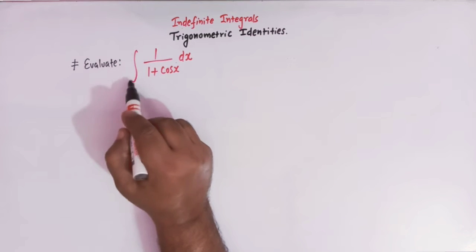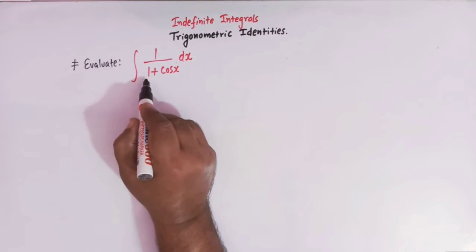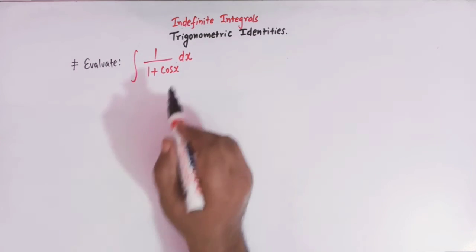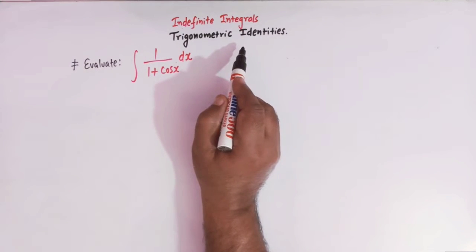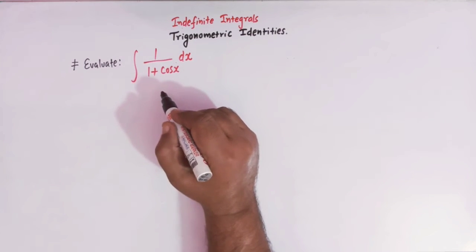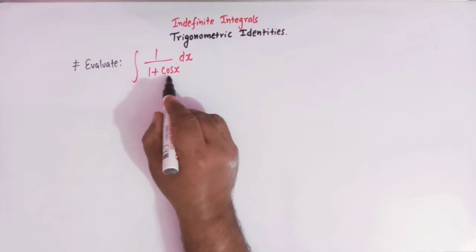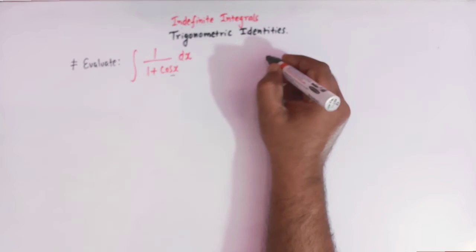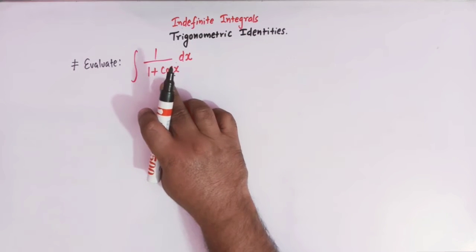Here we have to find the integral of 1 over 1 plus cos x, right? And again we'll make use of the trigonometric identity to solve this integral, right? And see, here we have cosine of x, right? And let us first see some trigonometry before solving this problem.